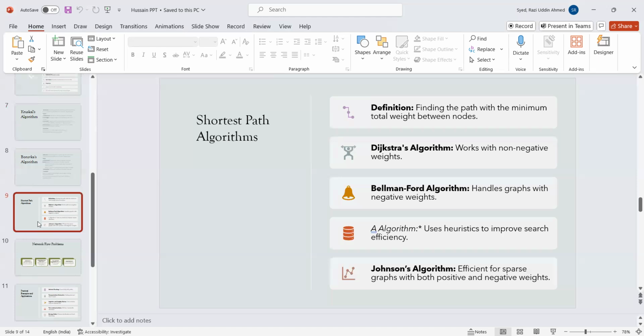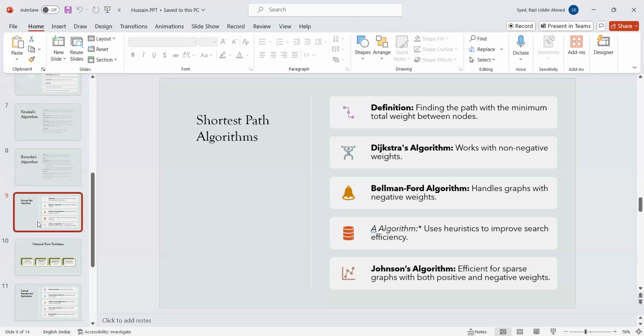And there are algorithms for shortest paths, like Dijkstra's algorithm. Dijkstra's algorithm finds the shortest path from a single source vertex to all other vertices in a graph with non-negative weights. The steps are initialization, relax edges, and repeat. For example, finding the shortest route on a map.